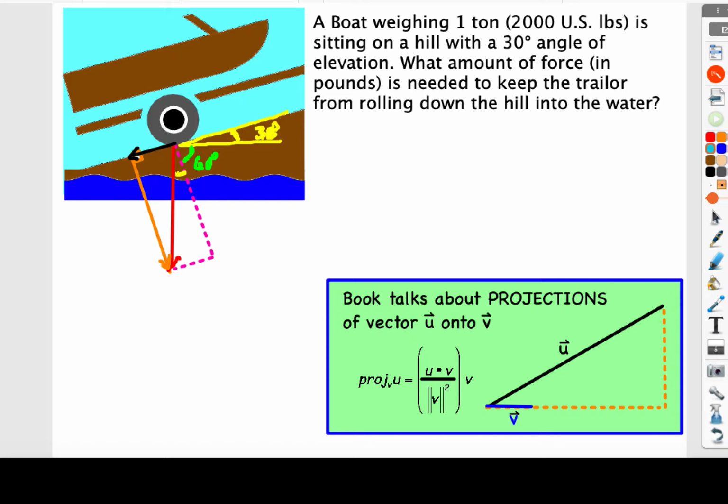And we figure out that this bottom angle down here is going to be a 60-degree angle. So the black vector is going to be the force of the roll that we need to oppose to keep that boat from rolling down the hill. But we've got all these angles worked out.